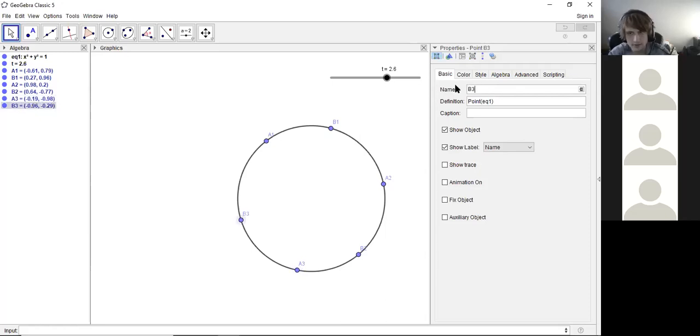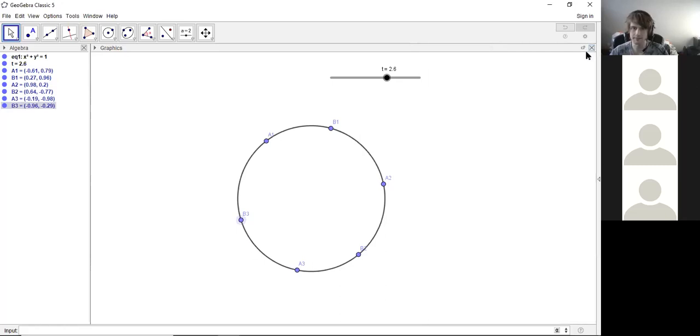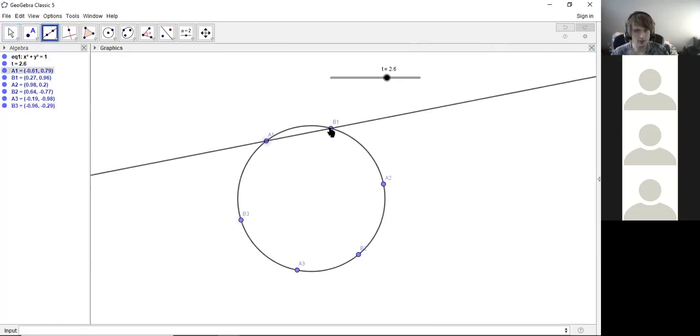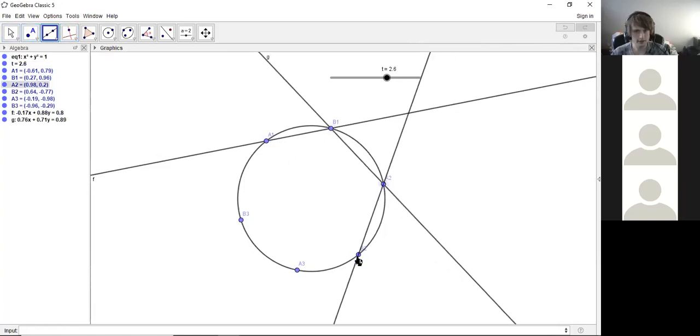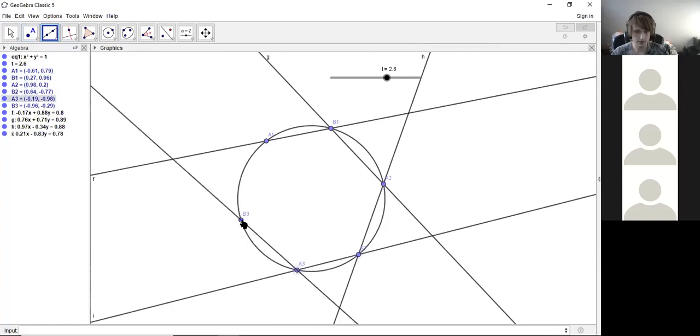I am running out of time to say the punchline, but let's see. If we connect A1 to B1, and then B2 to A2, A2 to B3, B2 to A3, A3 to B3, B3 to A1, then we color them red and blue alternating.